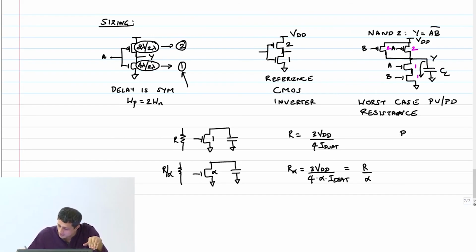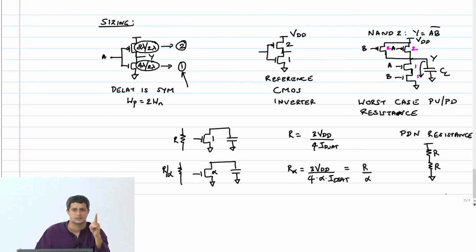So if you look at the pull down network's resistance, it is basically R and R. So if I compare this to my reference inverter's pull down resistance, it is twice that, because this guy has a pull down resistance of R. By design, I want to make sure that the worst case pull down resistance on that pull down network is exactly equal to the pull down resistance of my reference CMOS inverter.